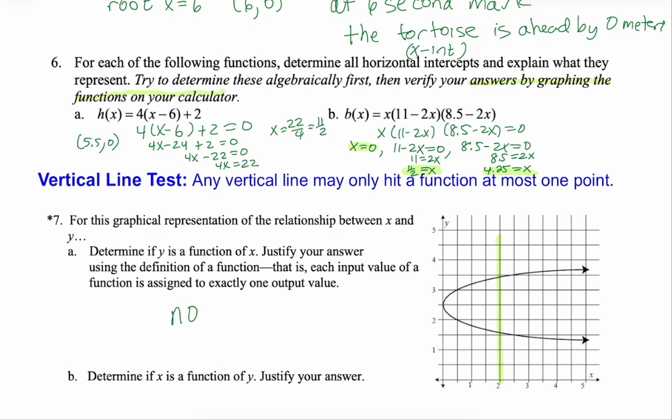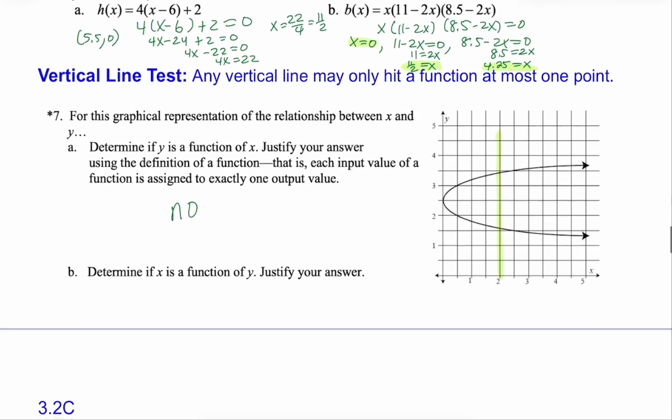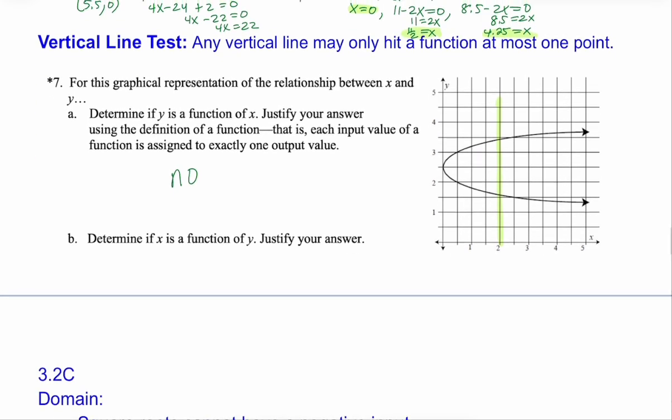But here's a little new piece of information for you. The new question is, is x a function of y? So this is actually going to be found using the horizontal line test. Will our horizontal lines only hit it in one spot?